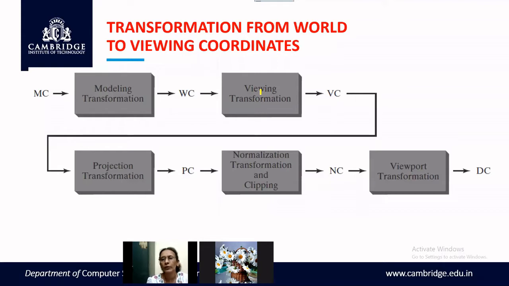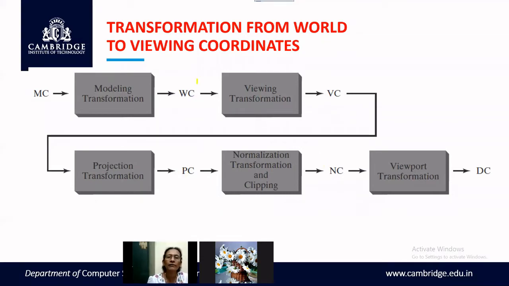We also have to define the clipping volume here. Next, we did the projection transformation, and we got the projection coordinate system. Then we applied the normalization transformation, and we got the normalized coordinate system.